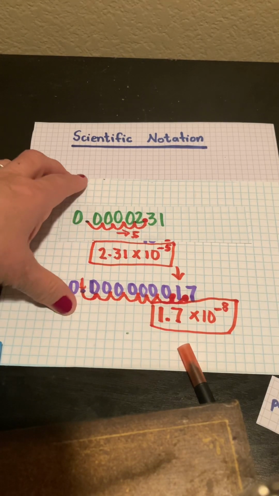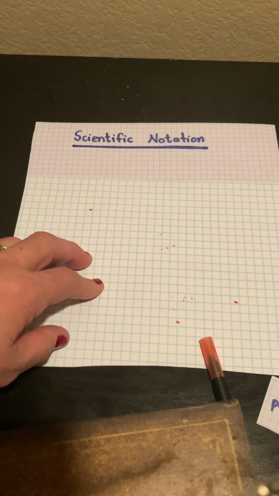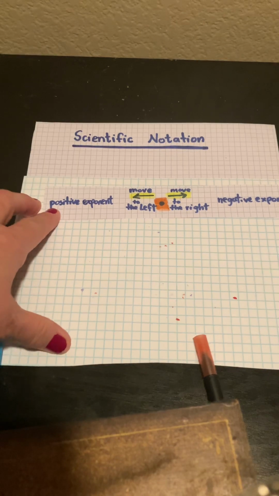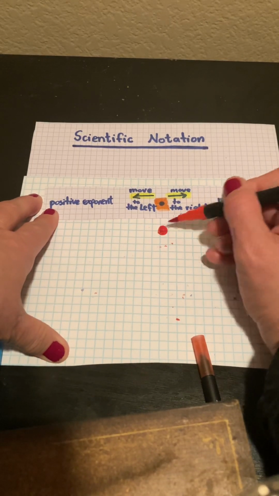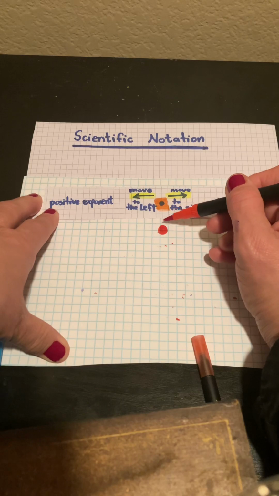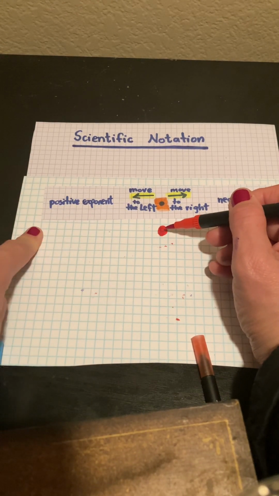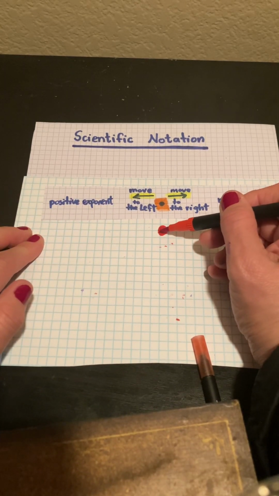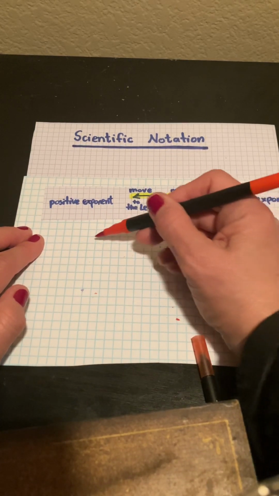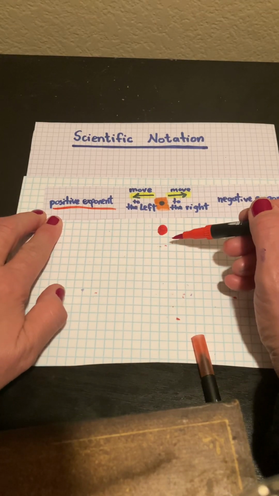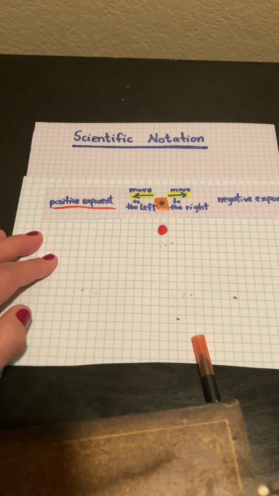Let me show you something here. When we have a decimal, we always find the decimal point first. And if we have a big, long number in this direction, we are going to move our decimal to the left, and that exponent is going to be a positive exponent, like in the first example that we just did.